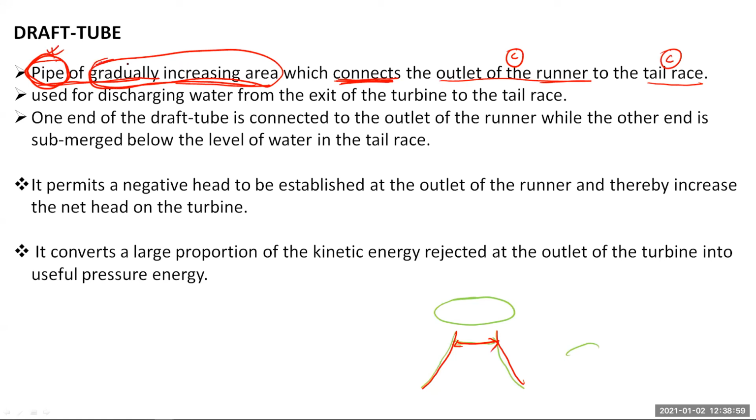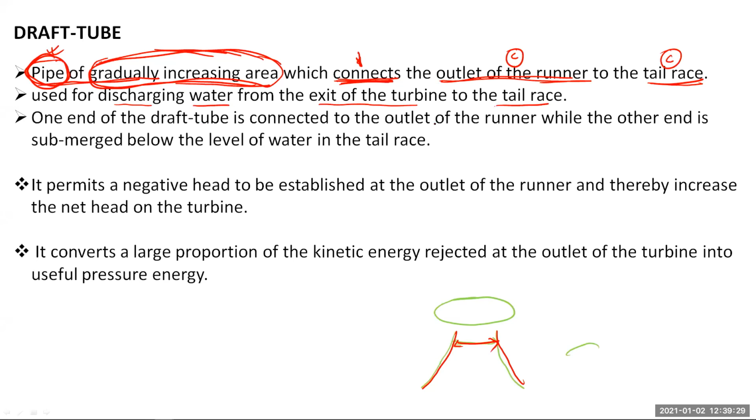A draft tube is a pipe of gradually increasing area which connects the outlet of the runner to the tail race. It is used for draining water from the exit of the turbine to the tail race.